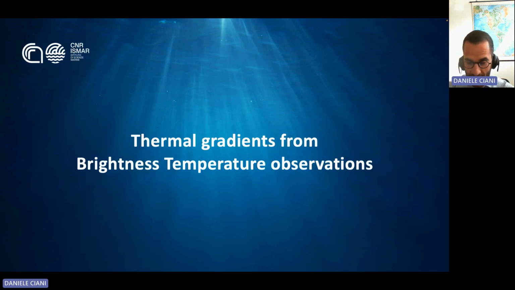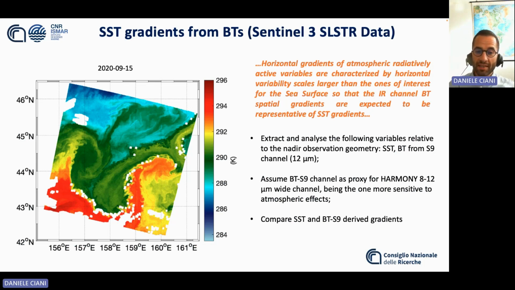We go on with some other analysis, this time based on existing data from the Sentinel-3 SLSTR sensor. We chose a scene that you see here on your left in September 2020, an oceanographic configuration which is a dipole evolving in the North Pacific, where at the same time you find mesoscale to submesoscale features generating very sharp gradients.